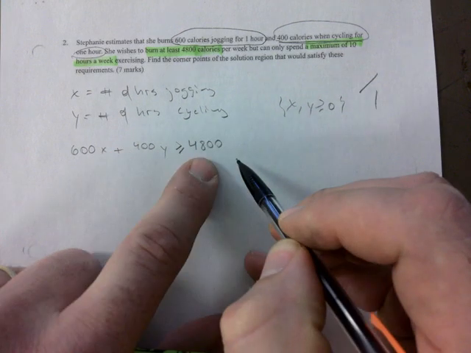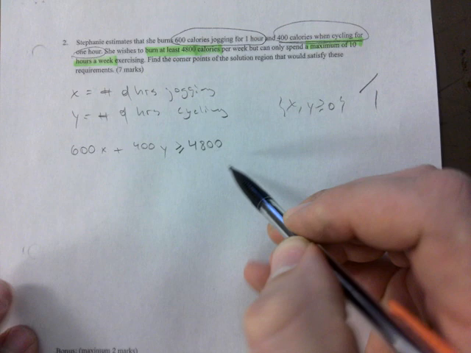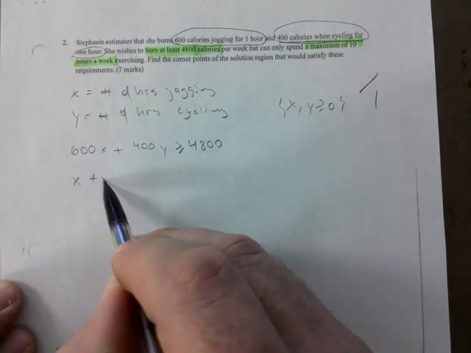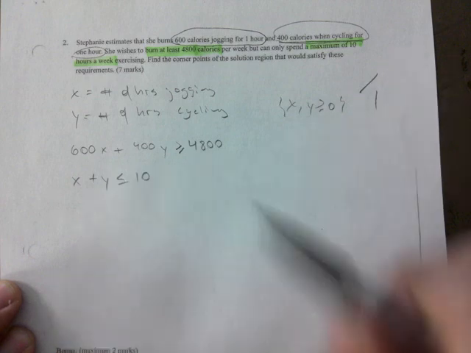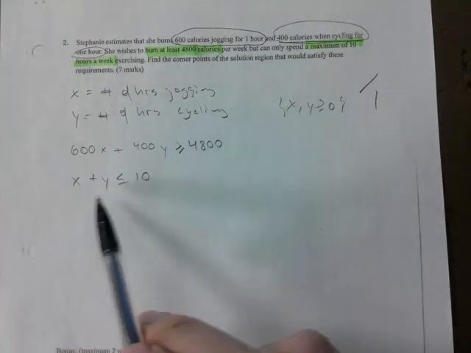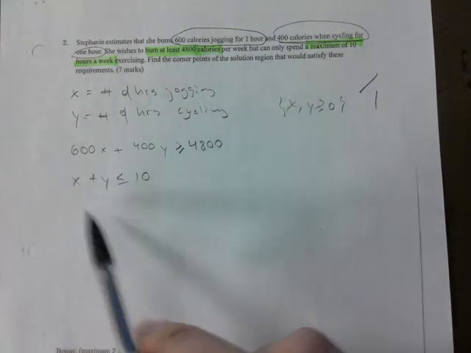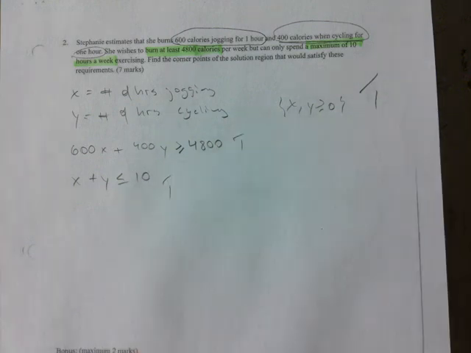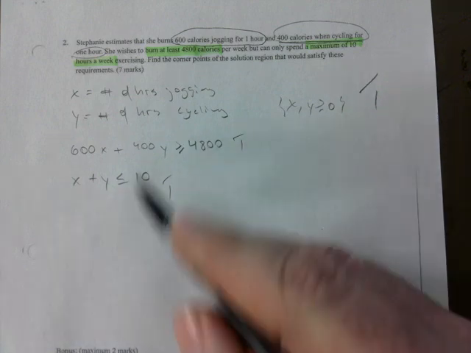And then spend a maximum of 10 hours would be like this, right? Because the hours you combine, you spend on either one of them should be less than or equal to 10. So 1 mark for each. So 3 for this. So 3 and 13 would be 16.